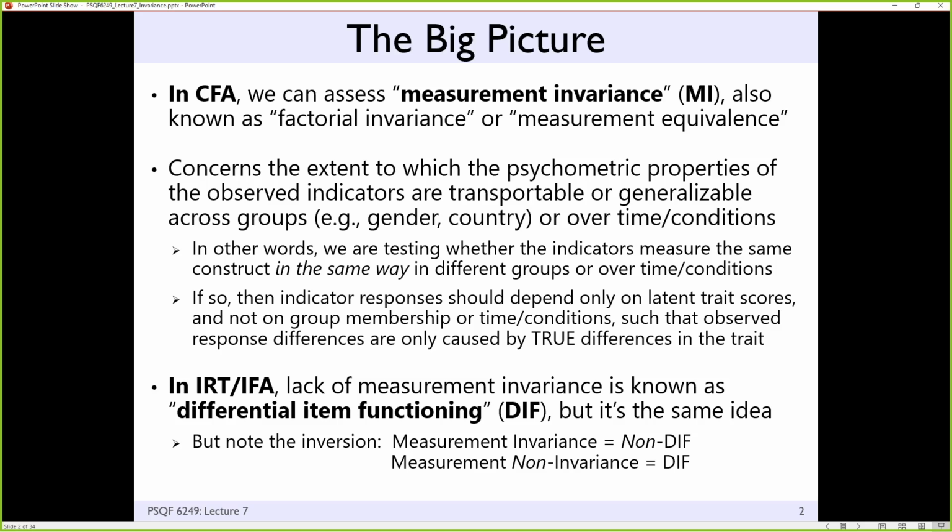Same is invariant. Different is non-invariant, or DIF. So even though the terminology is different and backwards, the concerns are the same. What we're interested in knowing is whether the items work differently across groups or time, such that you would have a different expected response that is based on your group and not just your theta. That's not good.